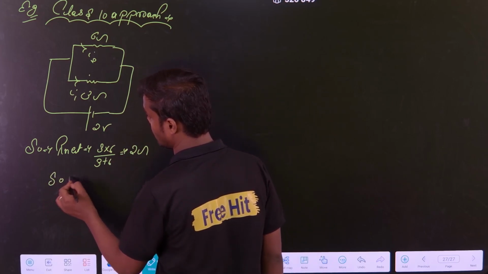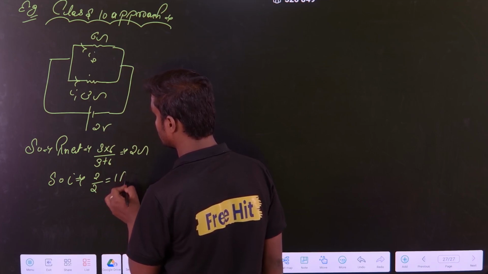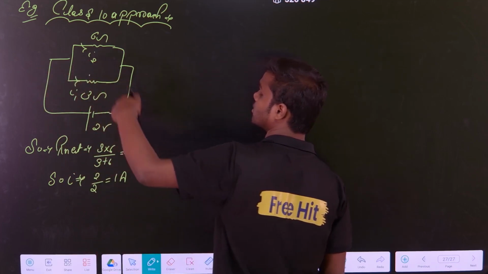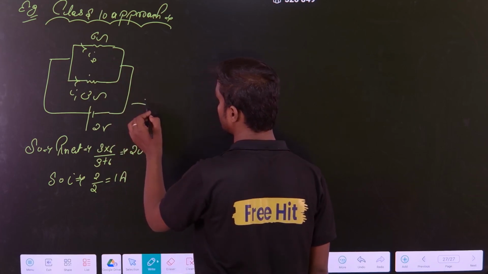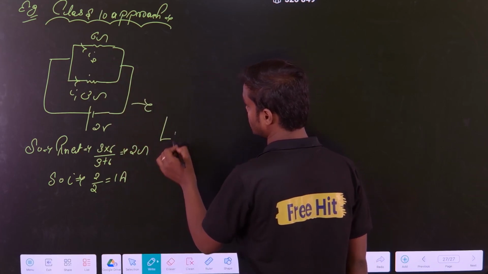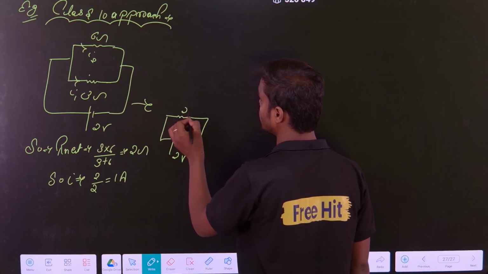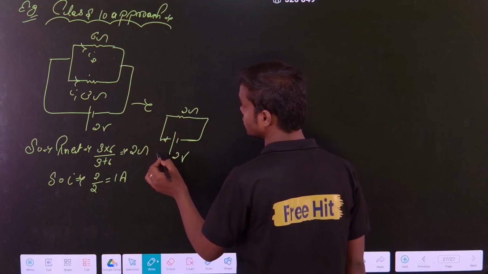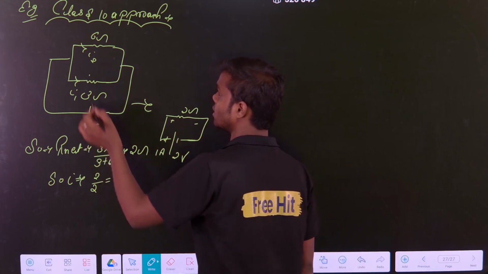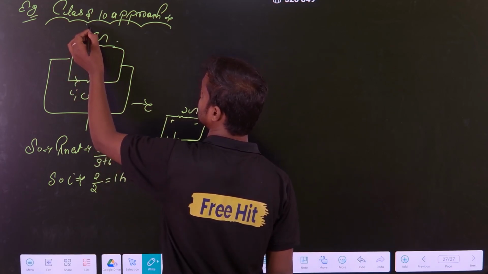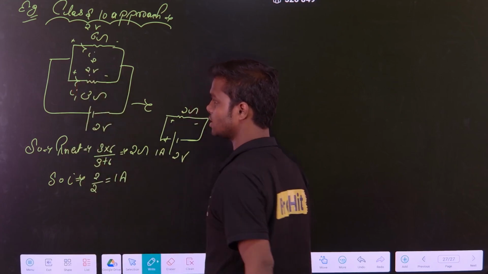So my I will be 2 by 2, that is 1 ampere. Now 1 ampere current is coming from here. This circuit can be drawn in this form: we have a 2 volt battery, converted to a 2 ohm resistance, and the current is 1 ampere. So the drop across the battery is 2 volt, the drop across this will also be 2 volt, and the drop across this will also be 2 volt because they are connected in parallel.